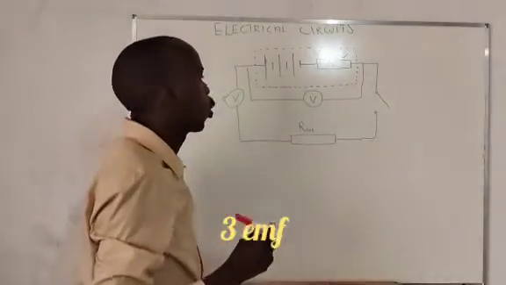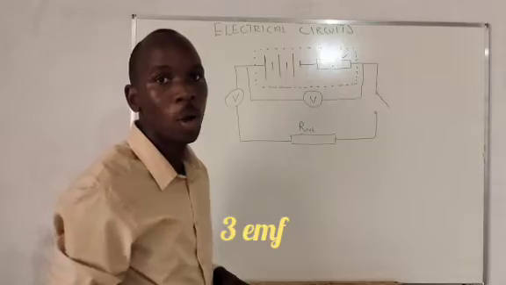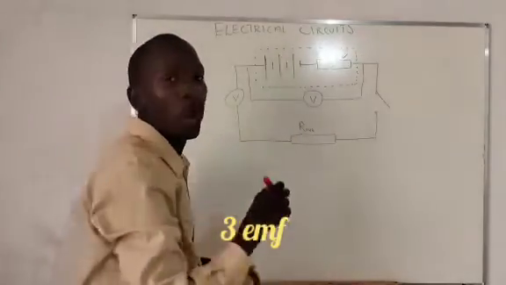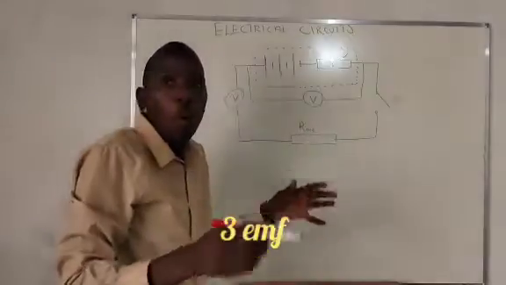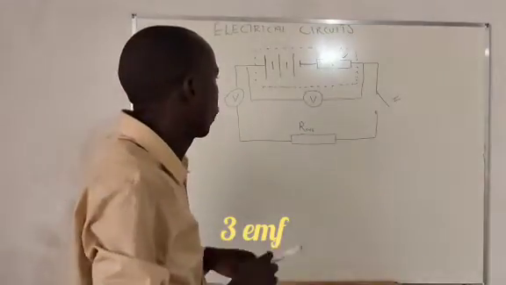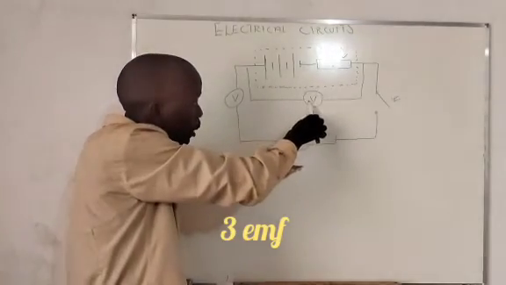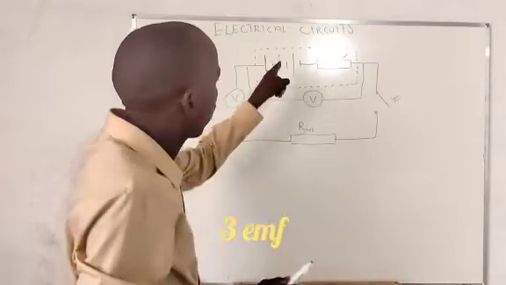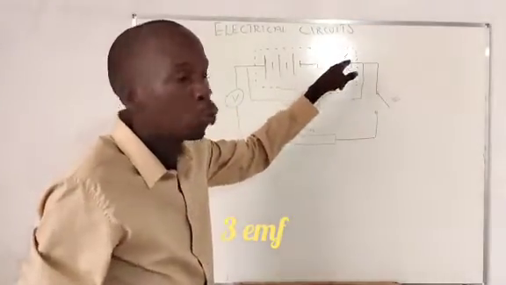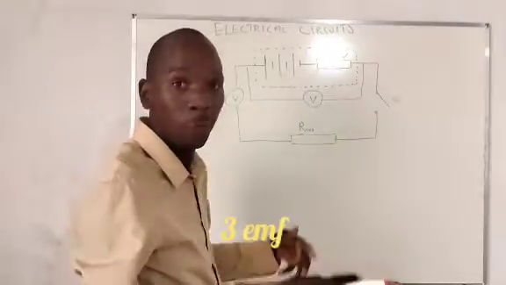Outside the cell. So the EMF, which is the total voltage from the cell when the switch is open, or when there is no current flowing. When we close the switch, the reading of the voltage will drop, because some of the voltage is being used to overcome the internal resistance of the cell.